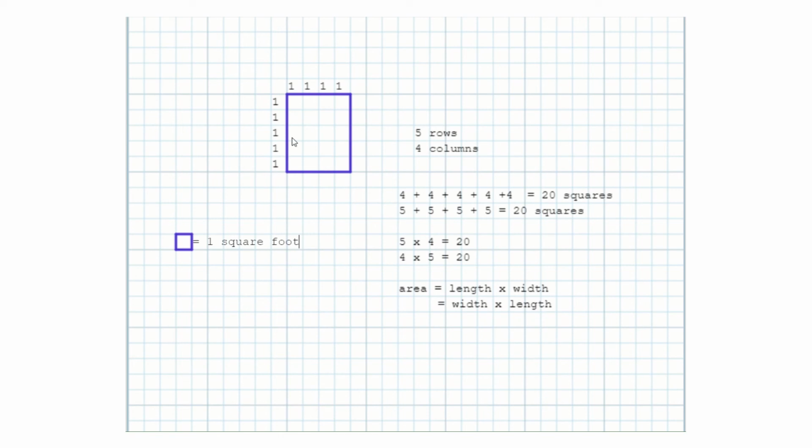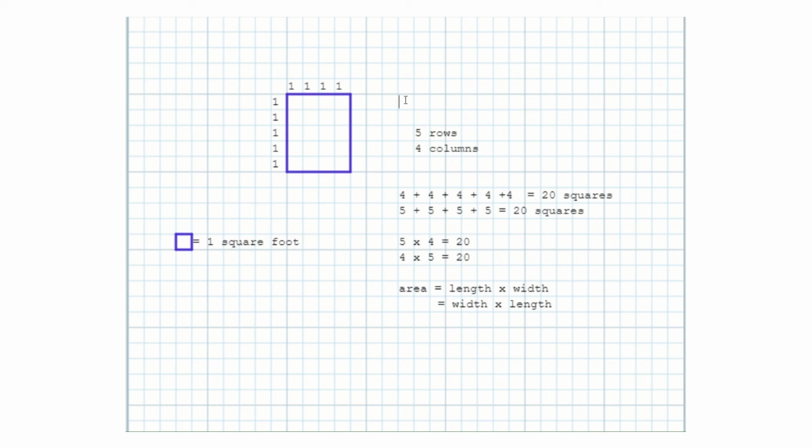Now let's go back to our example up here. If this building is, and this is going to be very small, maybe it's a shed, if this little building is 4 feet wide and 5 feet long, we would say 4 feet by 5 feet is 20 square feet.